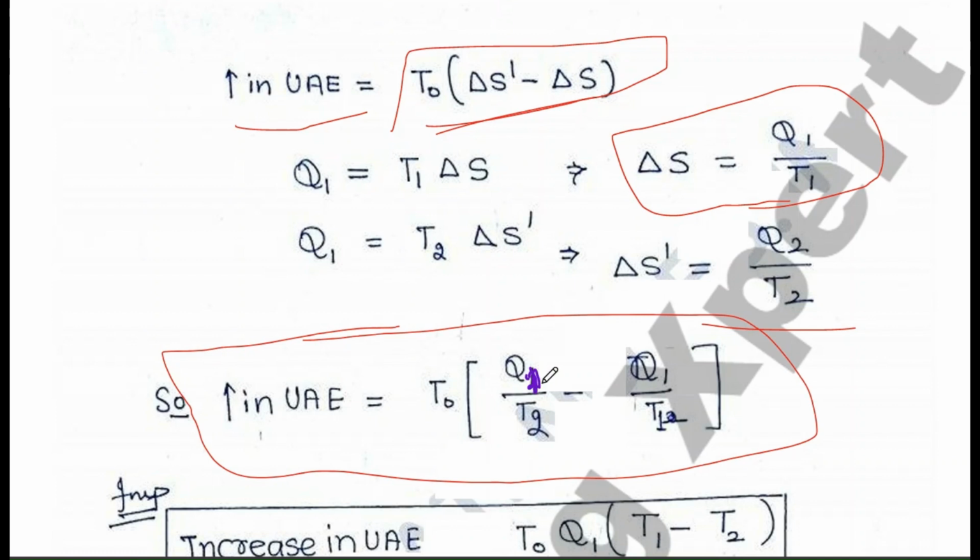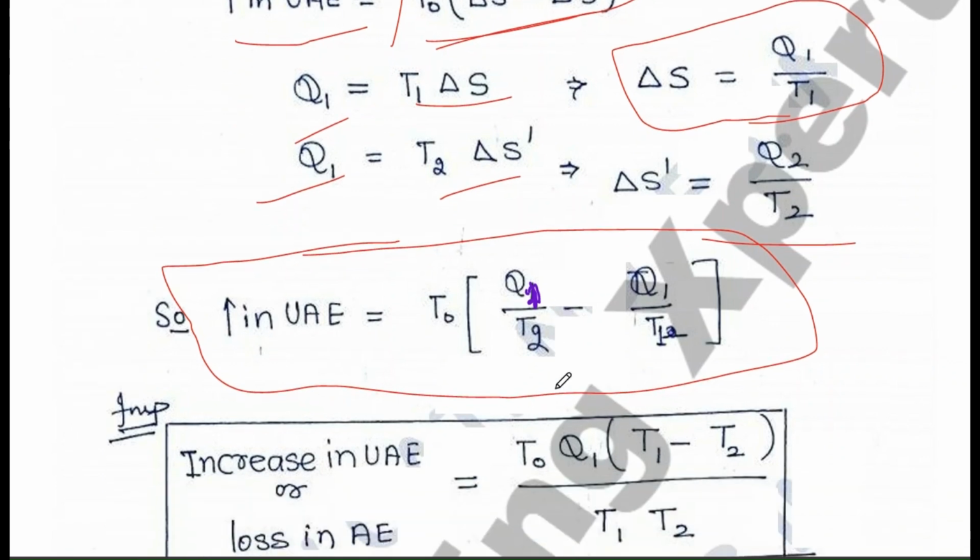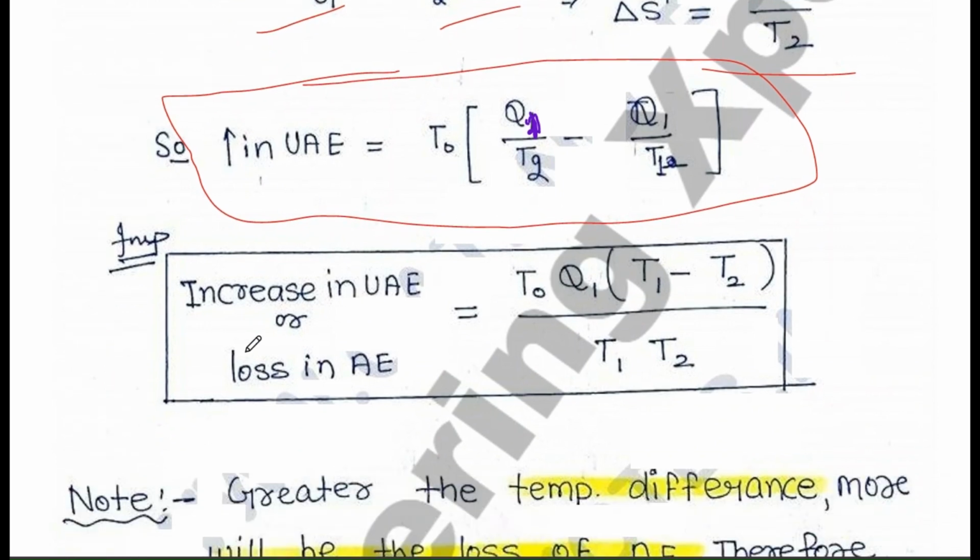So here you can see that Q1 is taken for T2 delta S dash because Q1 and Q2 are the same for this case, as I've told you earlier. So it can be written as this also. And increase in unavailable energy can be written in this form. Okay. So increase in unavailable energy or loss in available energy, the final expression for this is this.